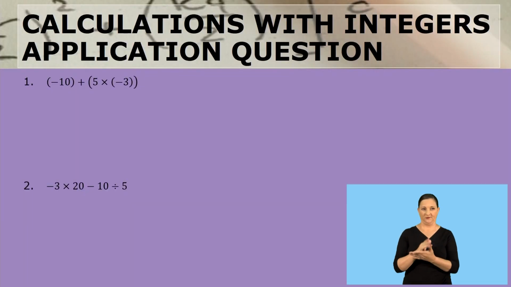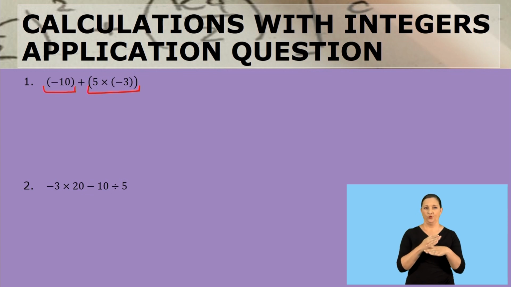So as number 1 there, we have a negative 10 plus a 5 multiplied by a negative 3. We are going to be working on either sides of the addition or subtraction. In this case, we just have an addition.